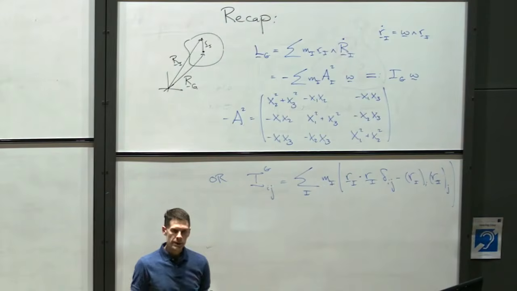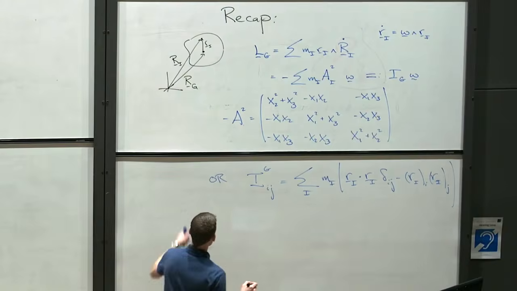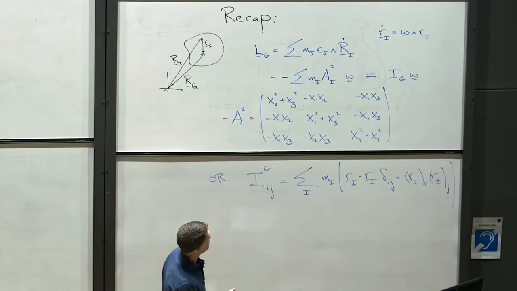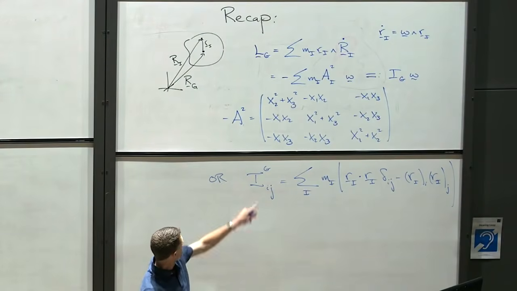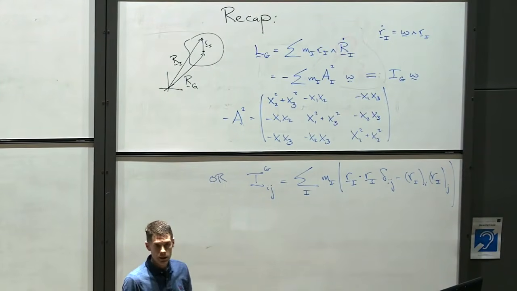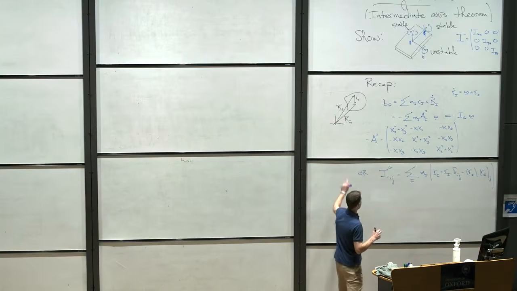Let's see if we can build some intuition for what's going on here. If I look at this expression, L_G equals I_G omega, and I_G is made up of things like this matrix A squared, what is it informing me? What information is living in there?